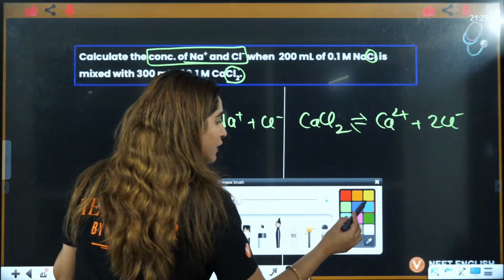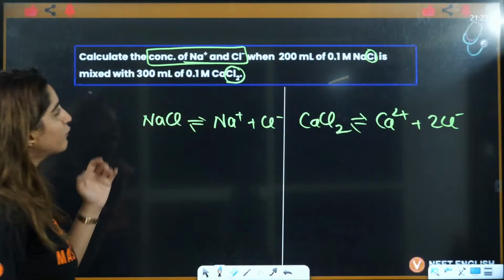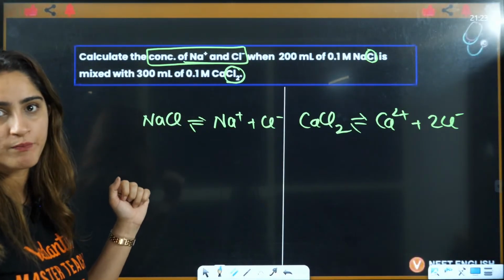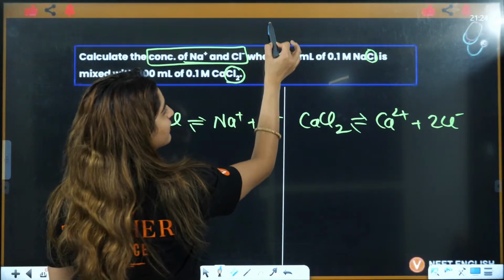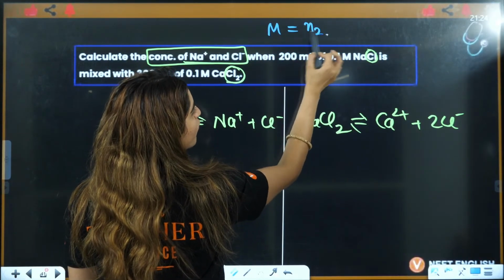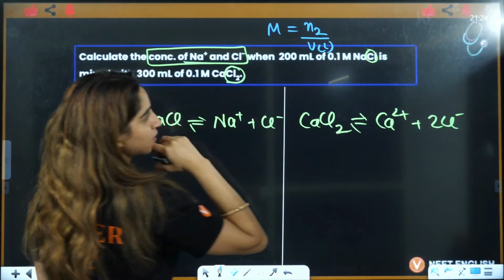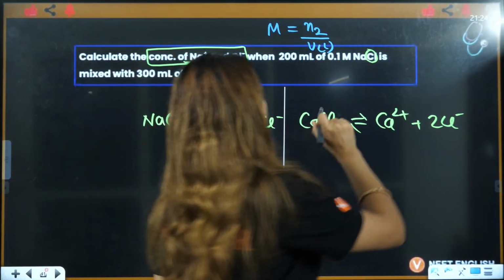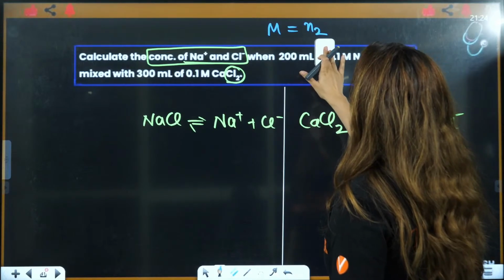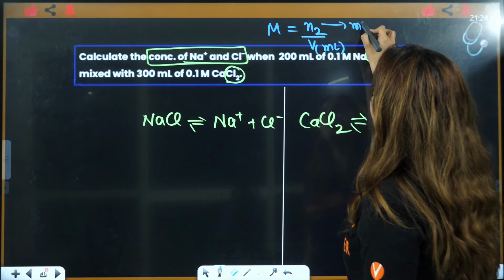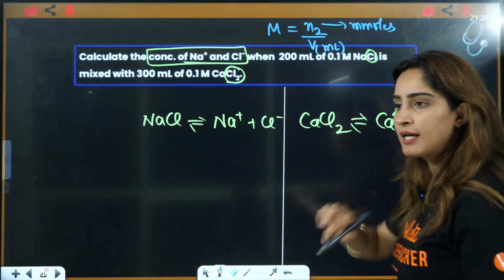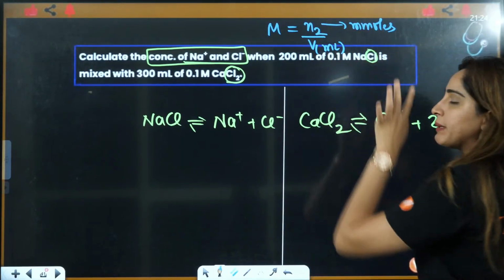So we can calculate the number of moles, because molarity is equal to number of moles divided by volume in liter. If you are putting the volume in milliliter, then the number of moles will be millimoles.